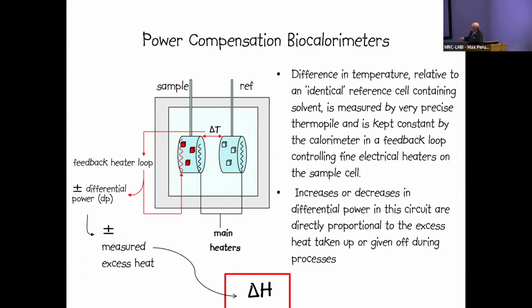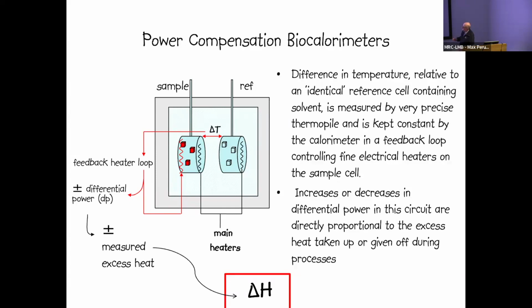And the additional differential power that we put into the sample cell when something happens, either the protein unfolds because we're heating up the whole system, or we get energy or enthalpy released or taken up by the system because we titrate in sample and the molecules interact.